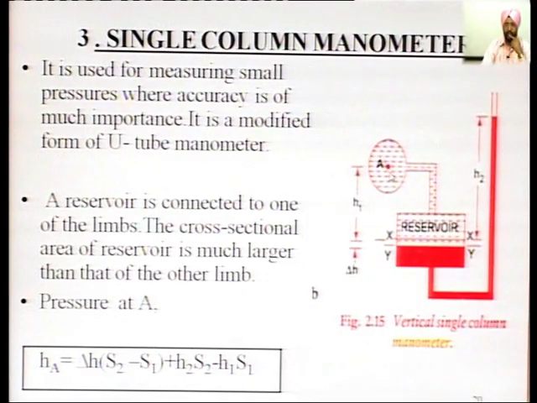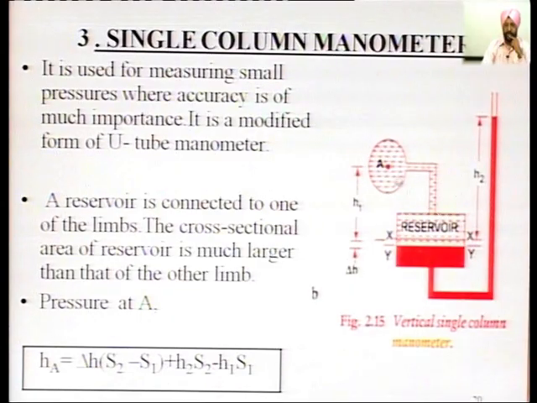So, here we are interested to measure pressure at this point A. From A to this XX section, let us suppose the height is h1, and for the manometric liquid, h2 is till here. So, h2 minus h1, this small region, is denoted by delta h.